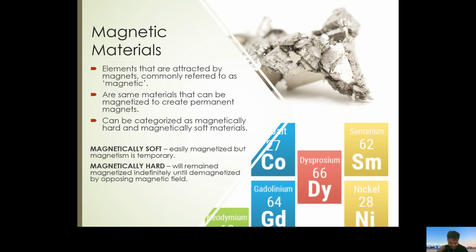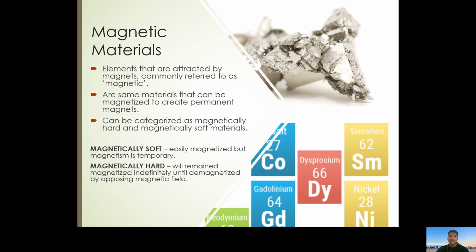Sorry for the noises. Next, the difference is that hard materials will remain magnetized indefinitely. They will continue to have their magnetic field until they are demagnetized by an opposing magnetic field.